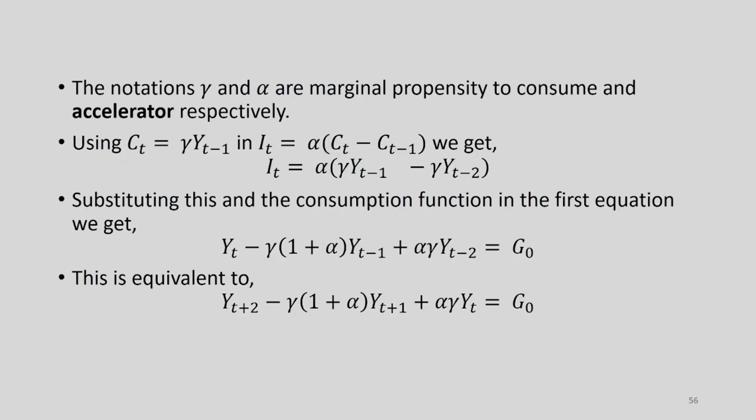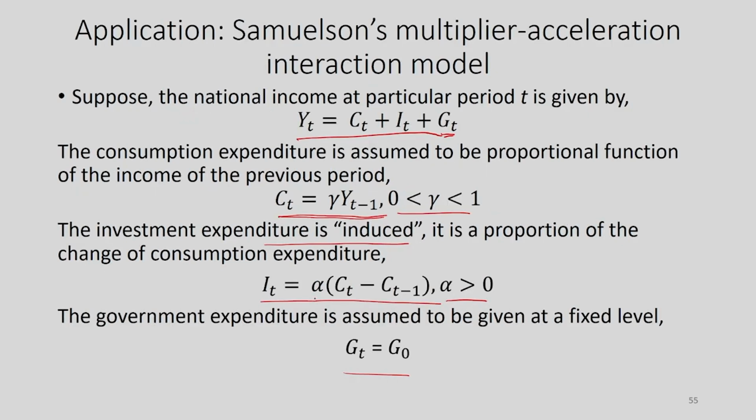The notations gamma and alpha are called marginal propensity to consume and accelerator. This alpha is called the accelerator. Alpha is positive, right, and the logic I have just described to you is that as there is more consumption expenditure, more investment will be forthcoming. So, that is the reason why alpha is greater than 0.